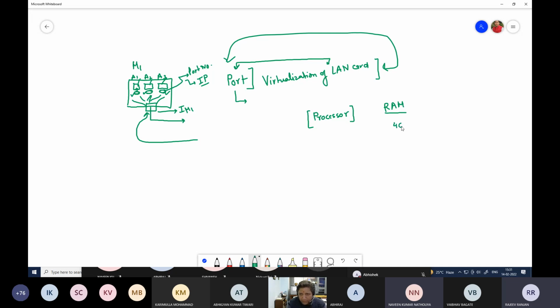Suppose I have got 4 GB of RAM. Can I run an application whose size is 6 GB or 8 GB? Yes. No, sir, not like that.